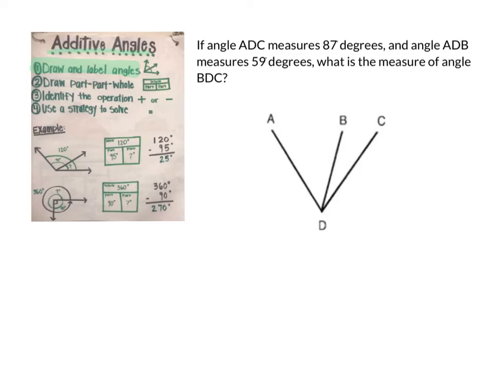So my angles are already drawn. I see that they are labeled at each point with a letter. Now we're going to use what we are given from the question to help us label the angles. So first, we know that angle ADC measures 87 degrees.